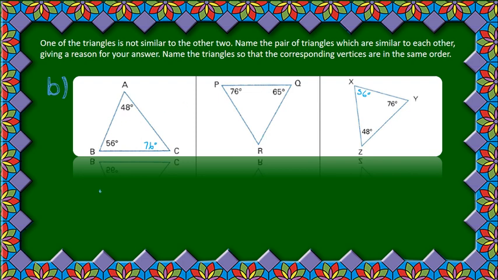So triangle ABC is similar to triangle, and in this one A is 48, so that's Z, and then B is 56, so that's X and Y. And once again, our reason is that the corresponding angles are equal.